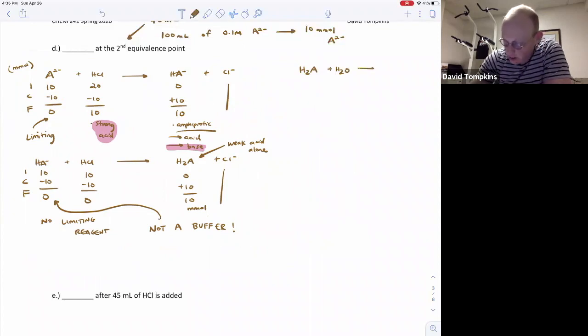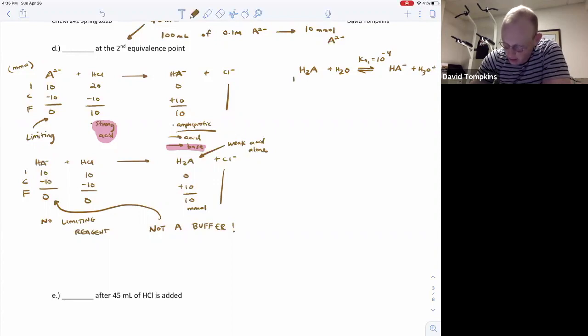They are both weak this time, and therefore it's an equilibrium with an equilibrium constant of Ka1, which is 10 to the negative 4. It gives the monoprotic acid and hydronium.